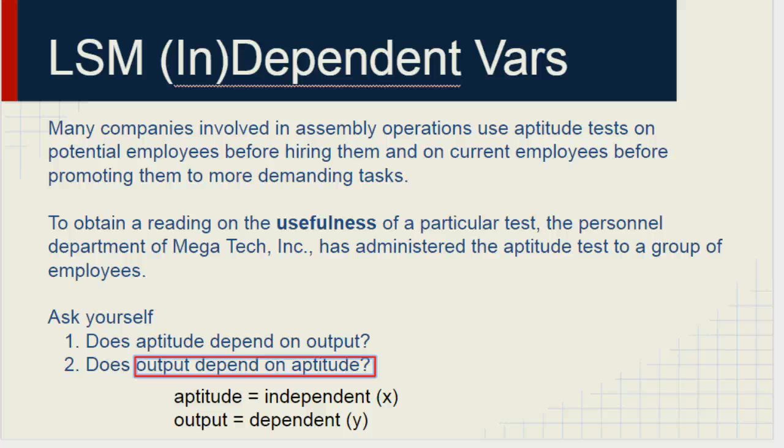In other words, does the aptitude of a person to do something depend on the amount of stuff they produce? Or does the output of the person depend on their aptitude? When you think about it, it makes a lot of sense that output depends on aptitude. It's going to be determined by the aptitude of a person. So we're going to say that aptitude is our independent variable and output is our dependent variable.